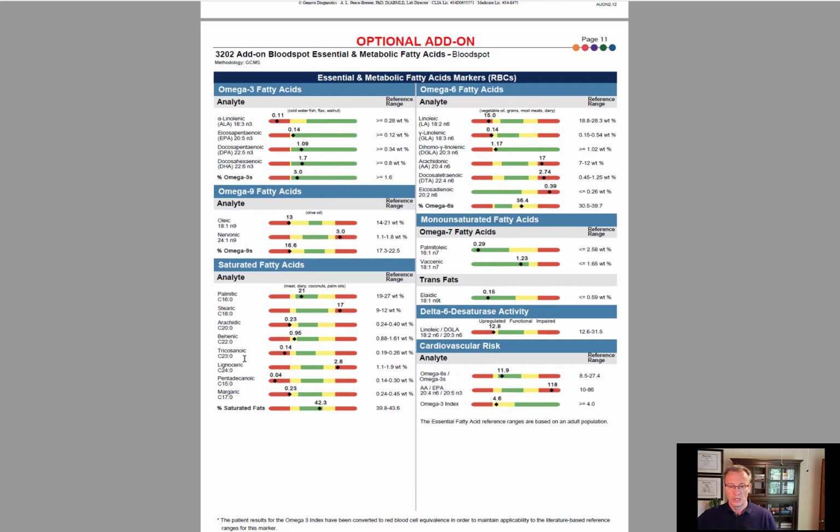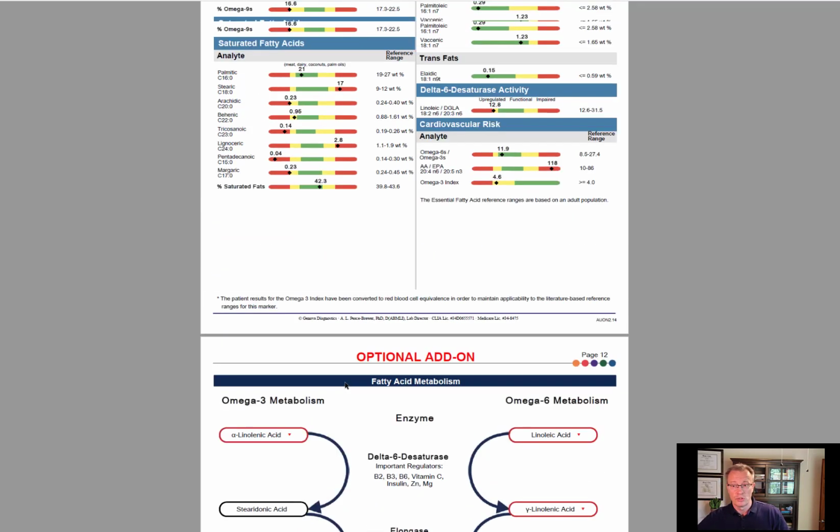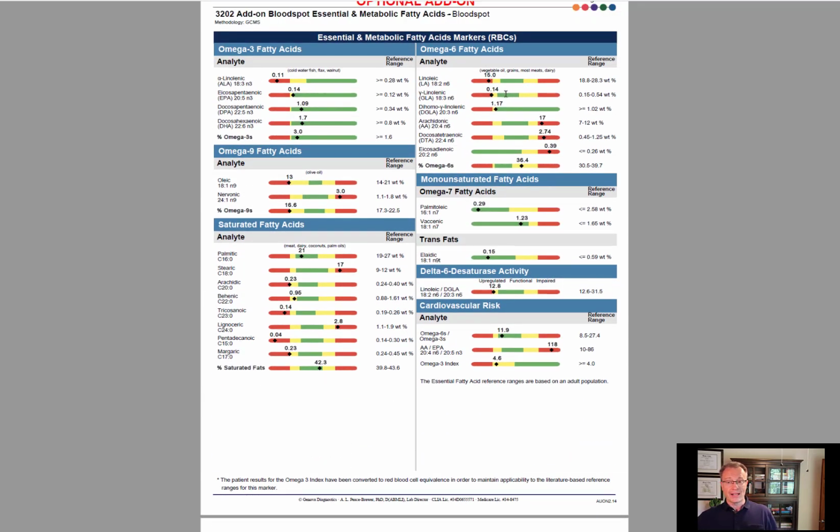We'll be able to see the saturated fats. So there's a lot of information in this test that tells us what kind of fats the person should be consuming to optimize their lipid status. Then we also are able to deduce how they are processing those omega-6s.